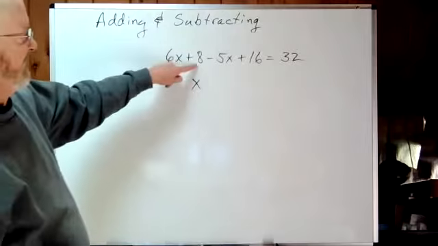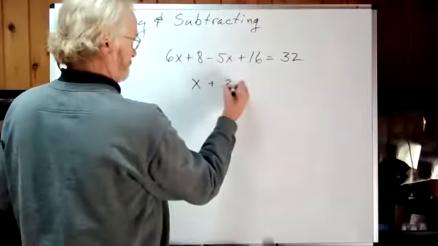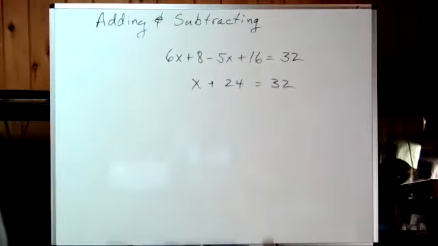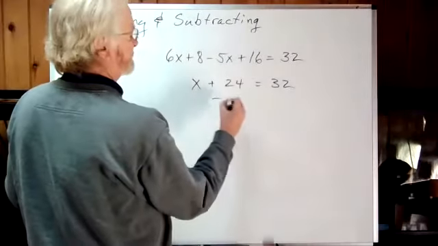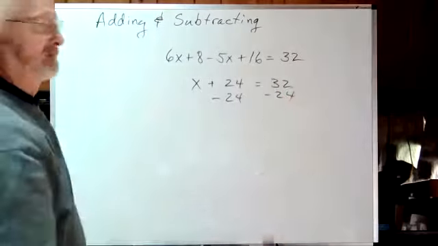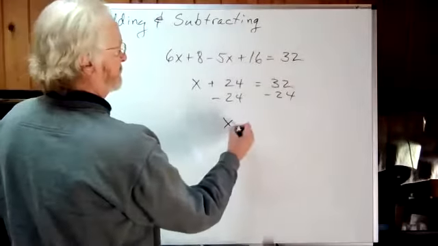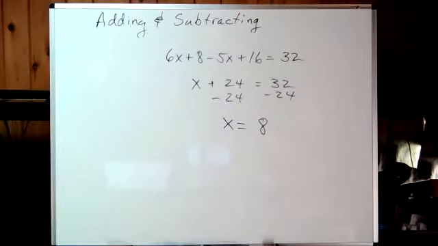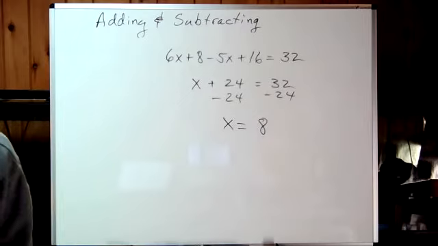Here's the constants, 8 plus 16 means I have 24. So this variable plus 24 gets me to 32. Doing the opposite operation is to subtract 24 from both sides. They balance. So 8 is the solution, the value that makes that weird original relationship true.